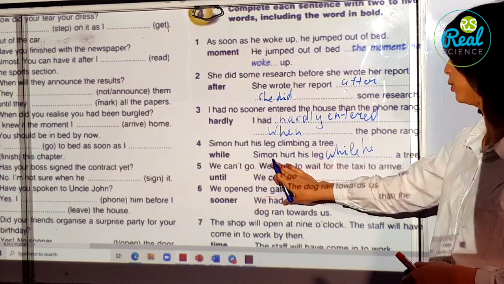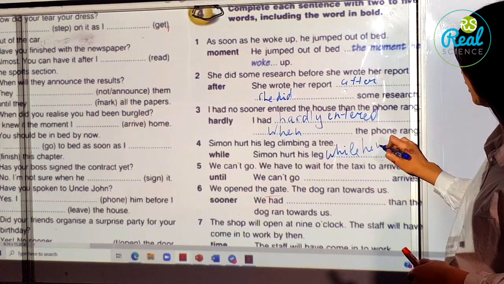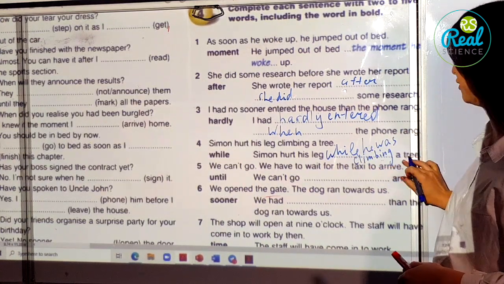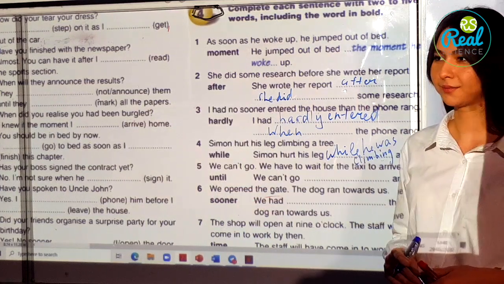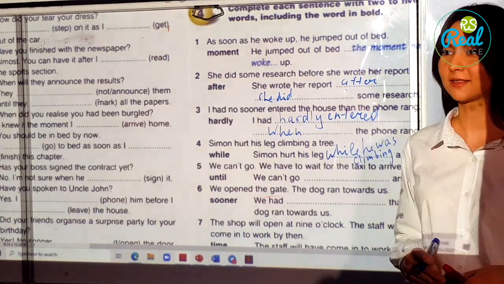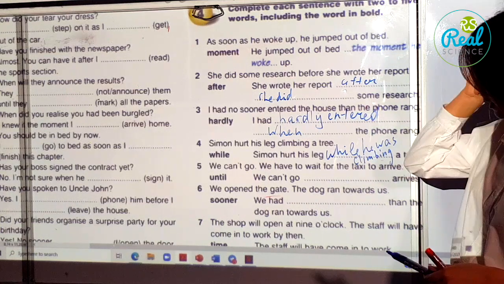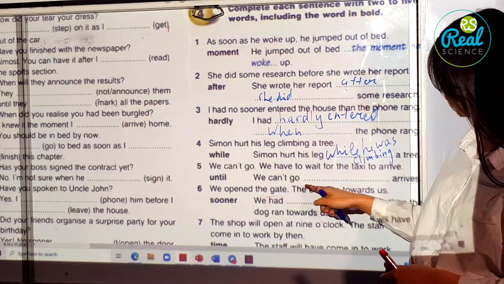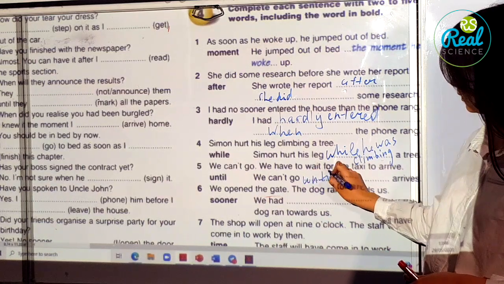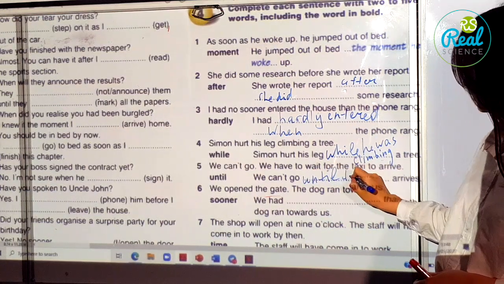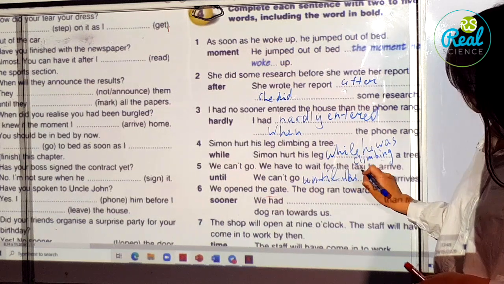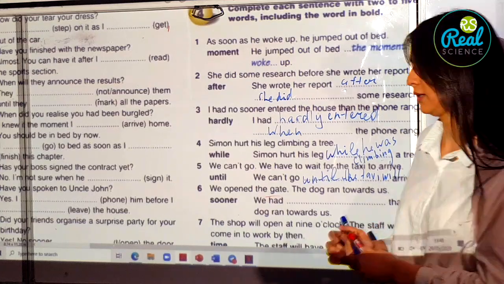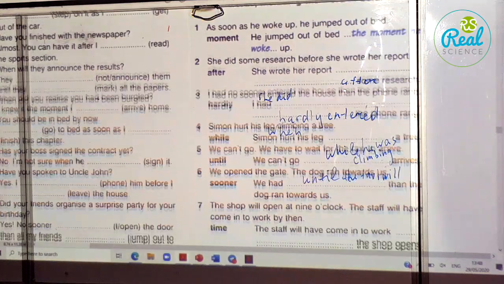Look, Simon hurt his leg while he was climbing a tree. Okay, nice. Fifth one. We can't go until the taxi arrives. Until the taxi arrives. Nice.